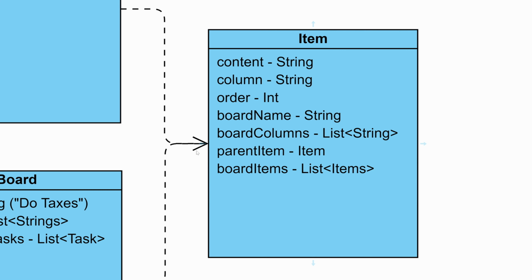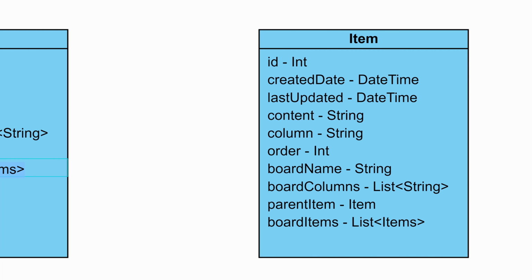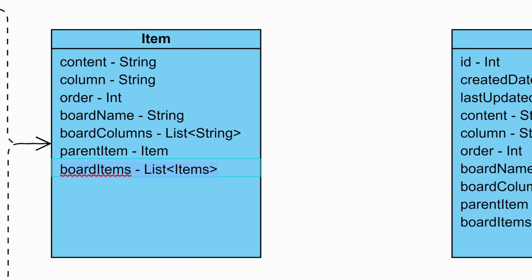So this is going back to this tree diagram where each item is a board and each board is an item. So each item must be a part of a board, and a board is just an item now. So again, it's going back to an item type. I am sure that's really confusing how I'm saying that, but hopefully as time goes on and you get to see the implementation, it'll make more sense.